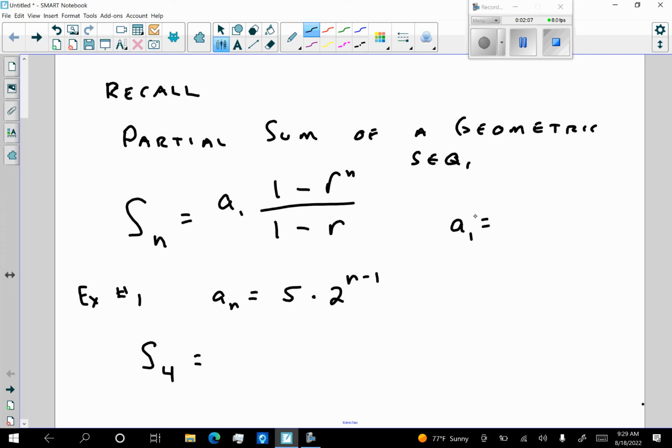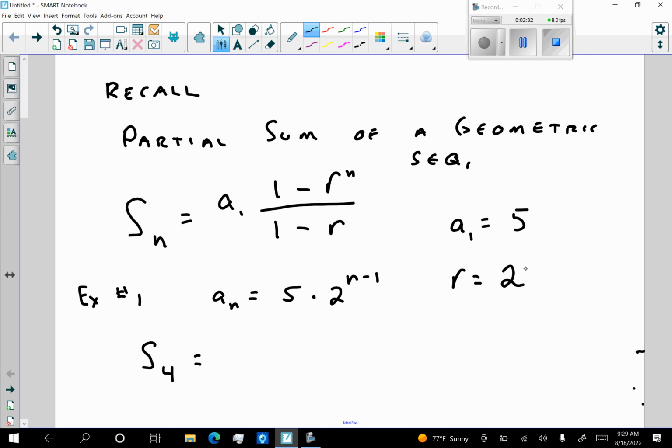The first term is going to be 5. And for this particular geometric sequence, I think it's fairly obvious that r is equal to 2.